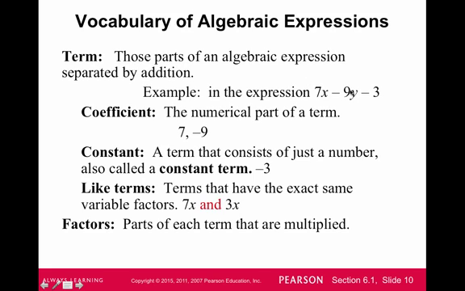When we have a number in front of a variable, we call that a coefficient. So 7 is a coefficient and negative 9 is a coefficient. And then the minus 3 is called the constant term, when we have a term that's just a number by itself. Like terms are terms that have the exact same variable factors, so 7x and 3x could be like terms. And factors are parts of each term that are multiplied.